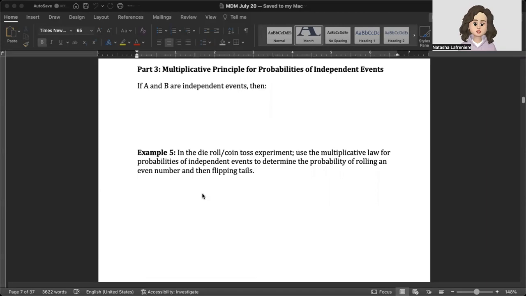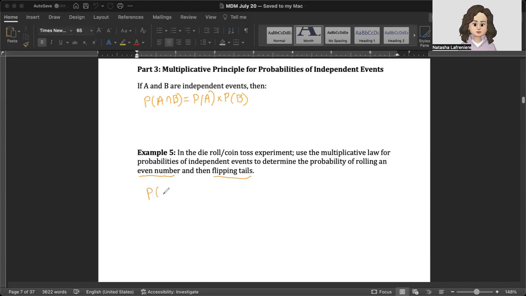If A and B are independent events, then P of A and B is equal to P of A times P of B. So in our die roll and coin toss experiment, use the multiplicative law for probabilities of independent events to determine the probability of rolling an even number and then flipping tails.